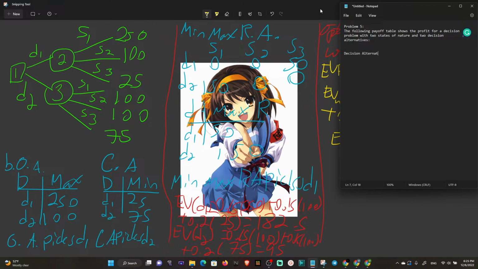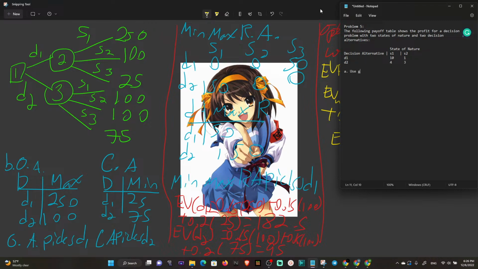Decision alternatives will be D1 and D2. Nature S1, S2. 10, 1, 4, 3.